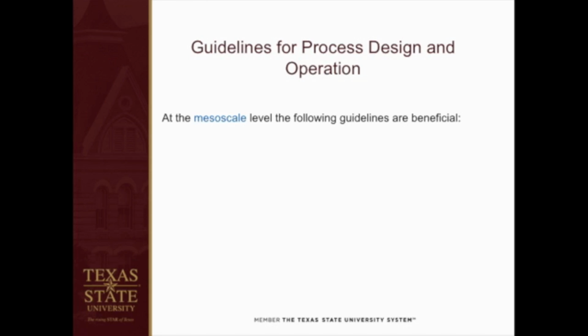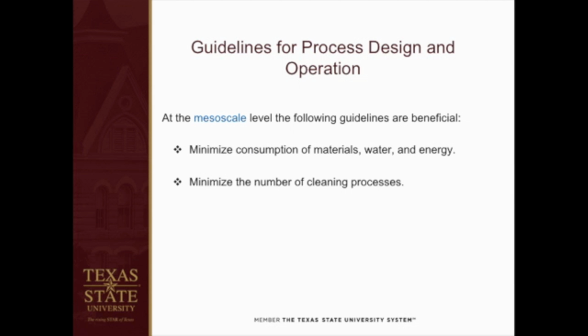If it is meso scale, here are certain things you can broadly look at. Can you minimize consumption of inputs like materials, energy, and water? Minimize the number of cleaning processes. If you can get away without cleaning, that's great, but most will require some cleaning. The fewer the cleanings, the better.